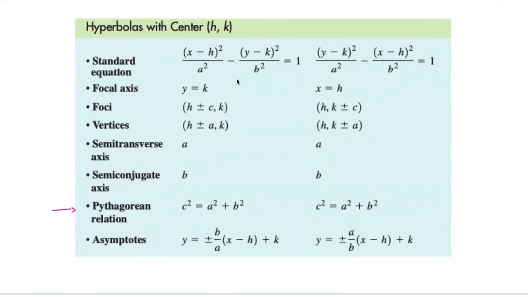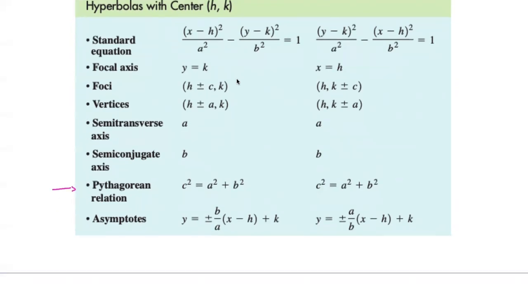So when you're making your reference sheets for Wednesday, I would highly encourage you to make sure that you have these Pythagorean relations written down somewhere. In particular, thinking about what is the Pythagorean relation for ellipses and what is the Pythagorean relation for hyperbolas, right? If you only write one down, you're missing one. You might not know which one, but you're missing one of them, okay?